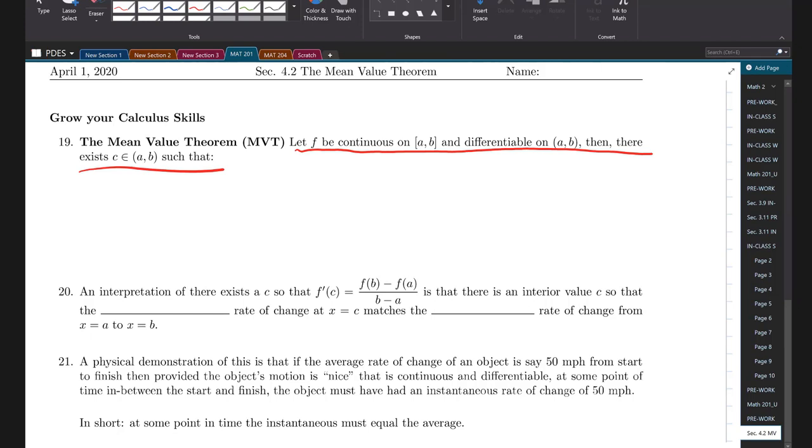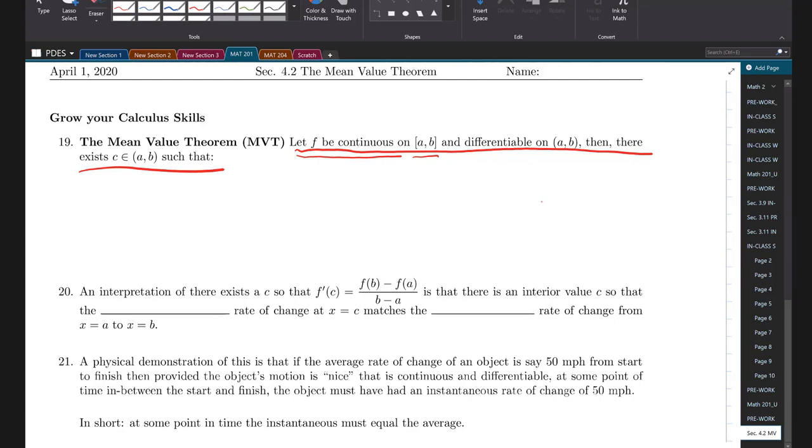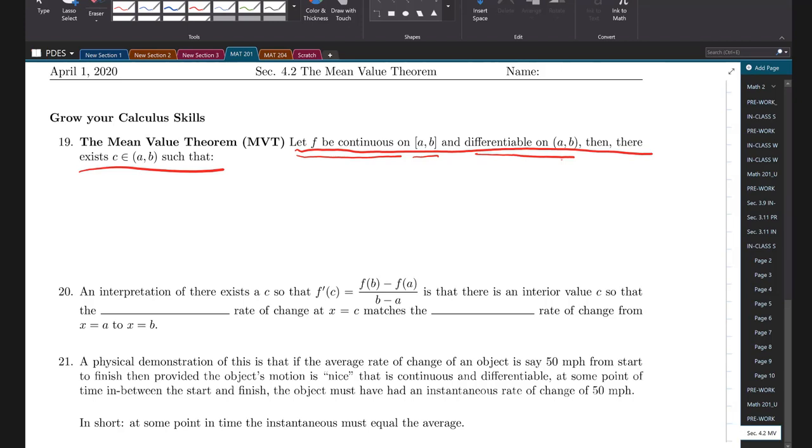So you do need to have all of that, and so let's go ahead and say, it says if the function is continuous on a closed bounded interval. That's the conditions to show that the what has to hold? Extreme value. The extreme value theorem. So we're saying, given that the extreme value theorem holds, and we know that the function's differentiable on the interior, that was related to one of the conditions of Rolle's theorem that we saw in our pre-work.